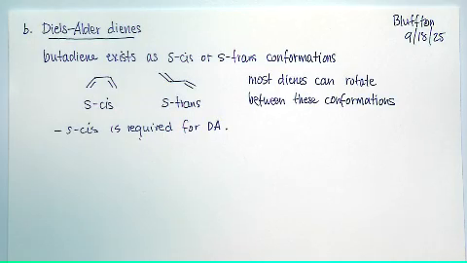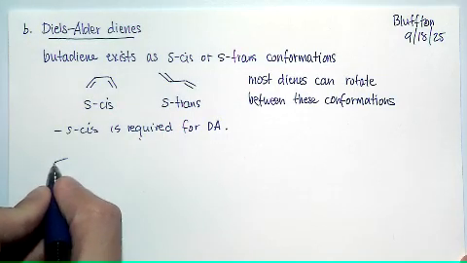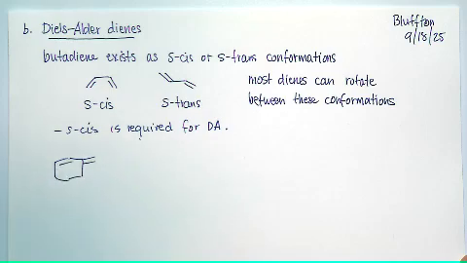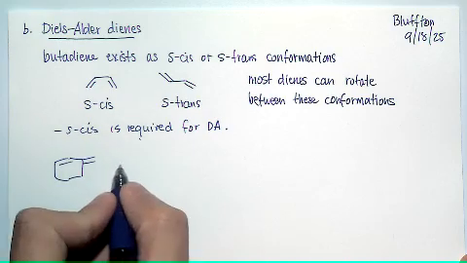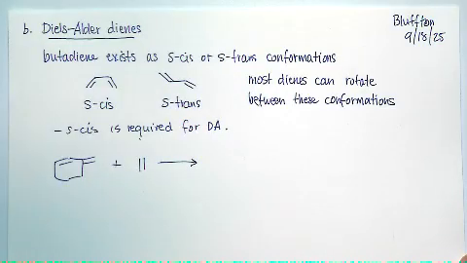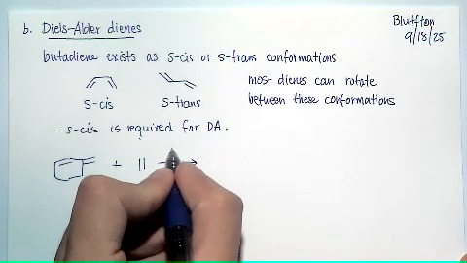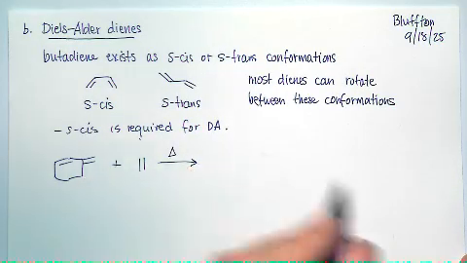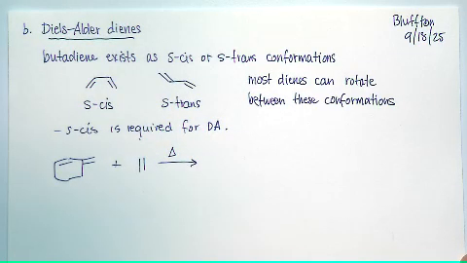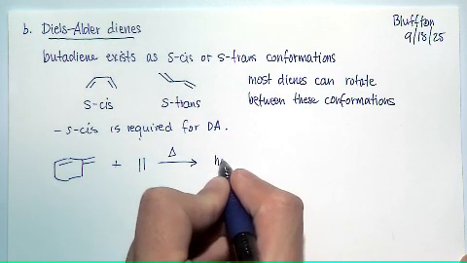So, for example, if we have that diene and we try to react it with a dienophile, even if we heat it, even if we have, I don't know, an electron withdrawing group on the diene, we're not going to get a reaction.